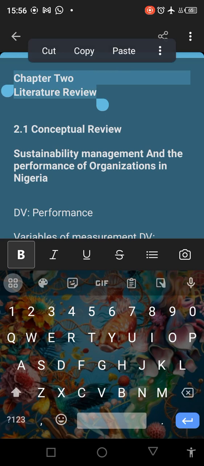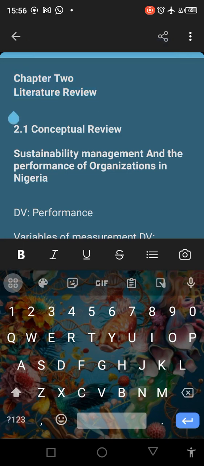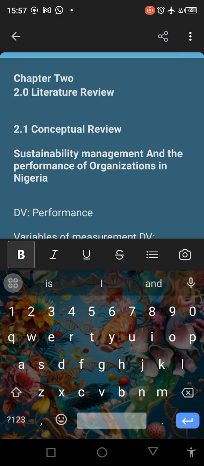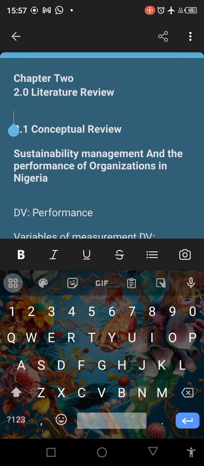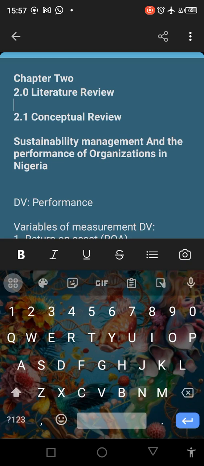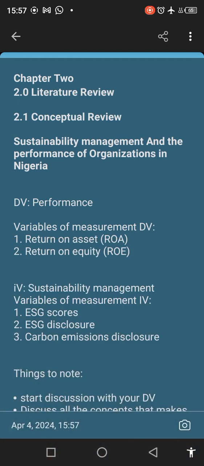Remember, these two will be centralized. And don't mind the way I write it here, they will be in capital letters. Now, our literature review is 2.0. Then we move to our conceptual review, which is 2.1.